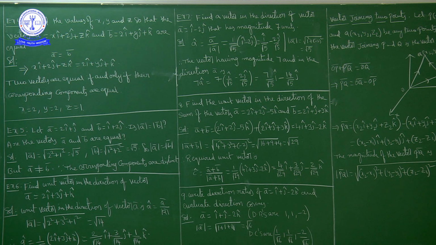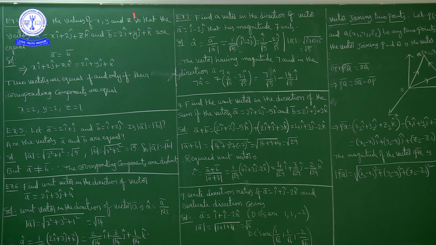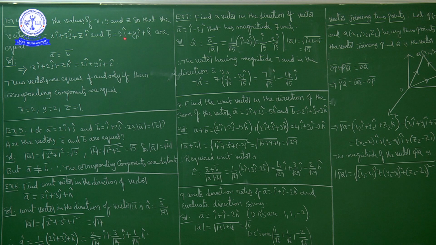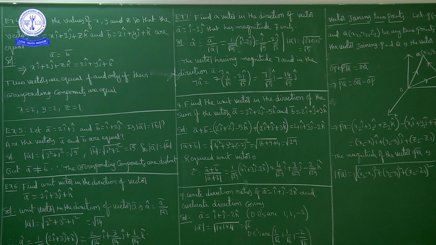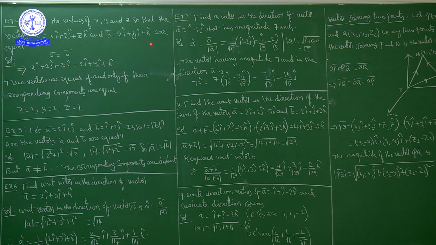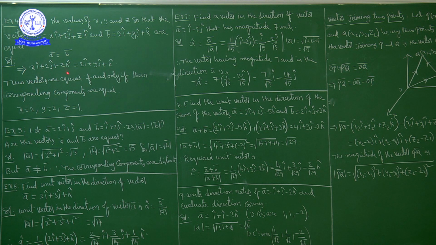Now we have to find x, y, z so that vector A bar and vector B bar are equal vectors. What is given? Vector A bar equal to vector B bar means x i cap plus 2j cap plus z k cap is equal to 2i cap plus y j cap plus k cap.